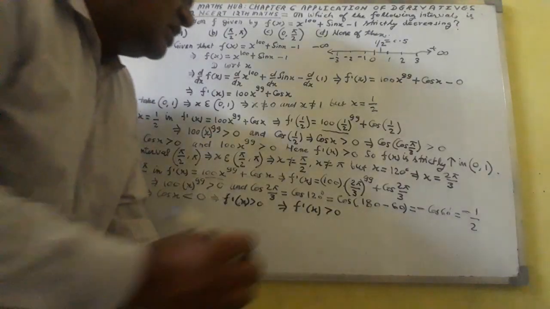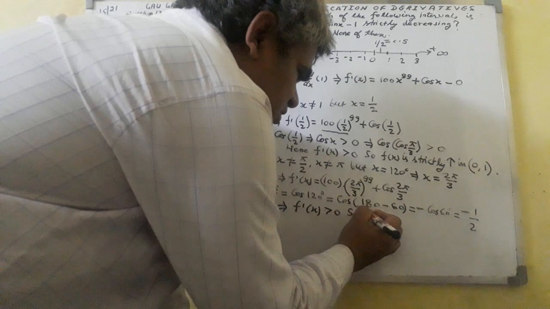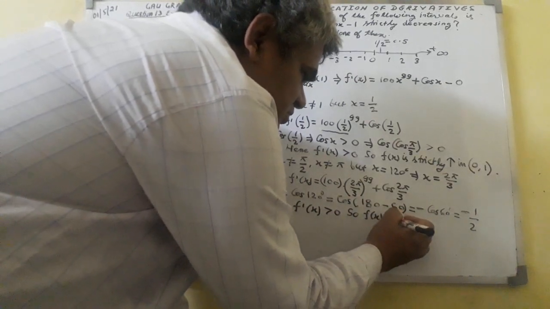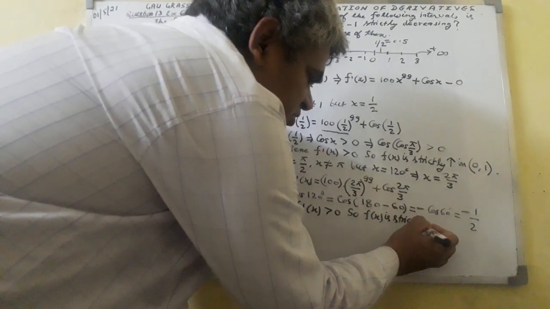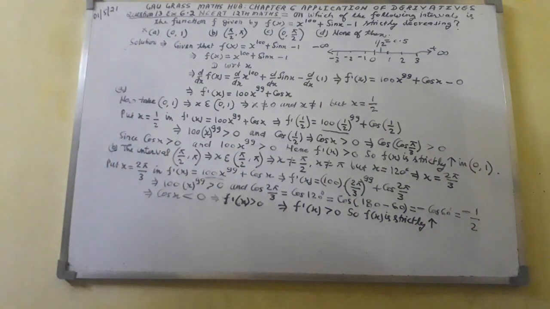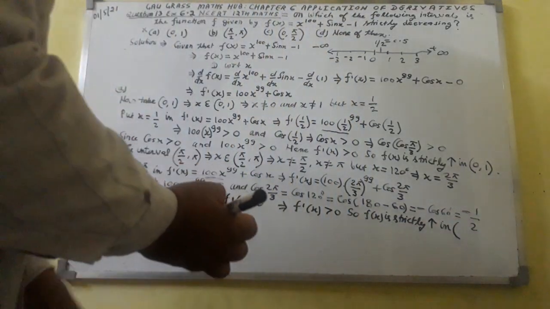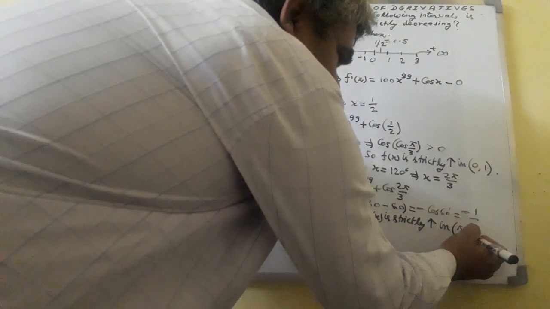So what to do here? Here I shall write, so f of x is strictly increasing in the interval, write the proper interval, pi by 2 comma pi.